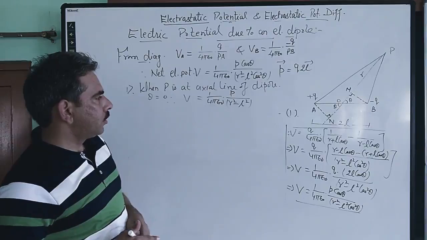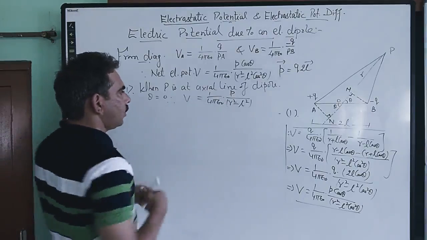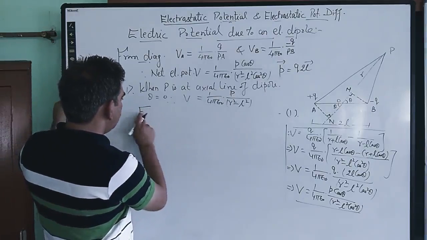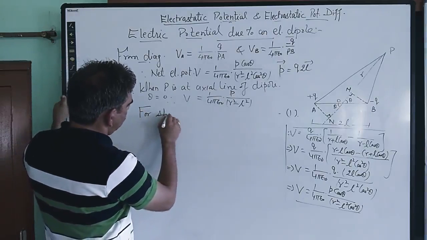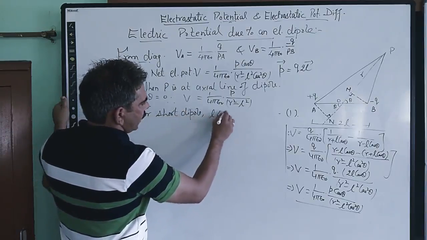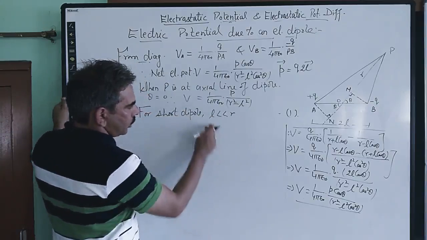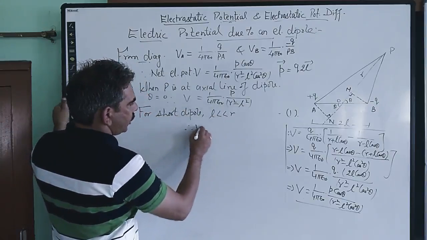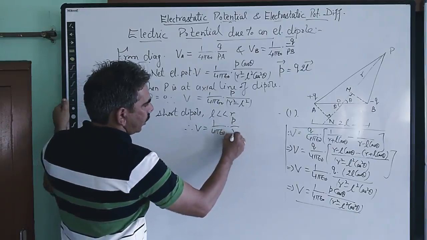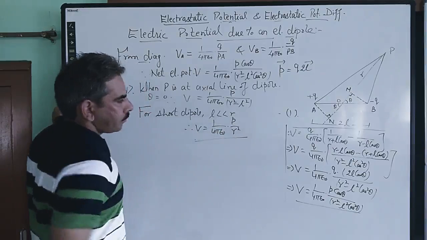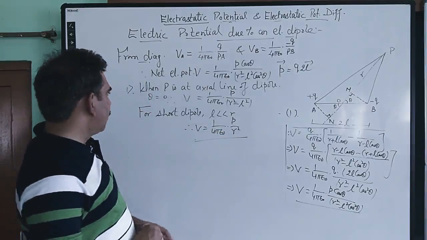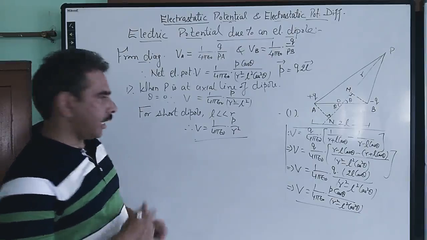And if the dipole is of very short length, for a short dipole, L is very small in comparison to R. So therefore we can drop L here. So potential takes the form 1 upon 4 pi epsilon naught into P upon R square. That is the expression for the potential on the axial line for a short dipole.